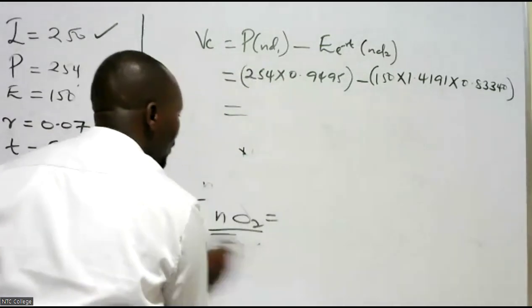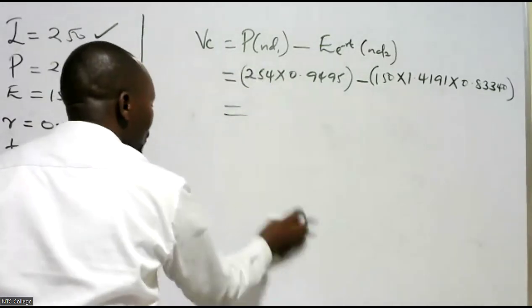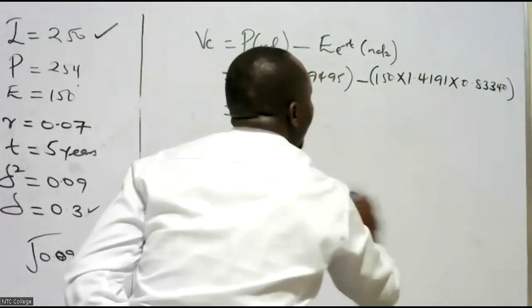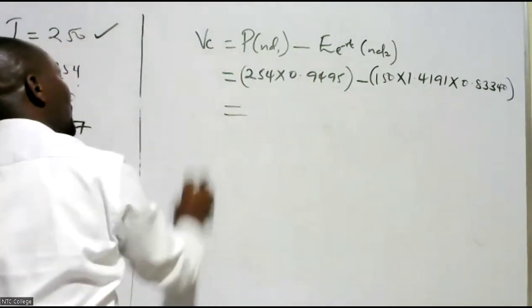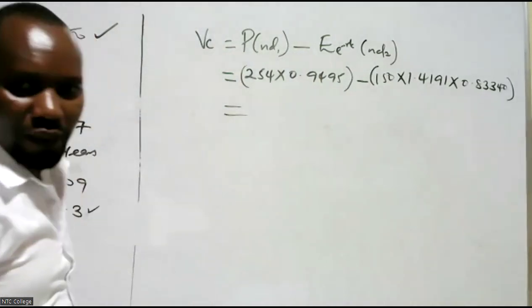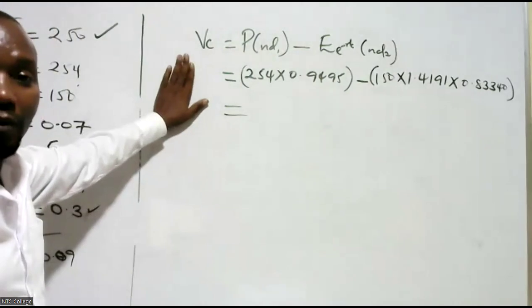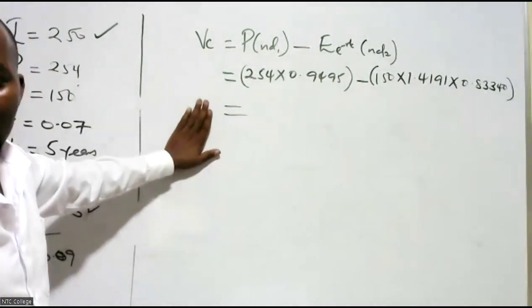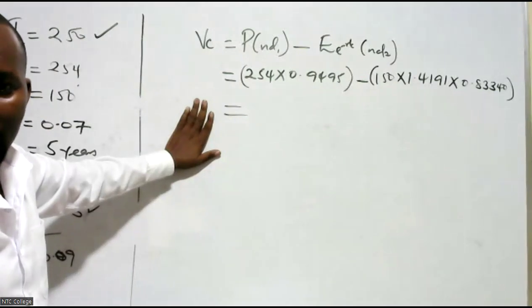Then we get now the value of put. We look at the issue of abandonment. If they had said expand, you would reach here and that is the value of call. But they want put, so we have to continue.